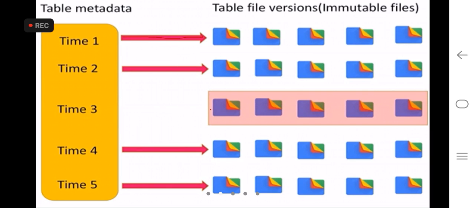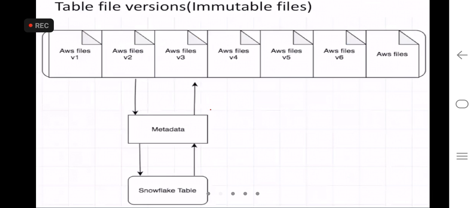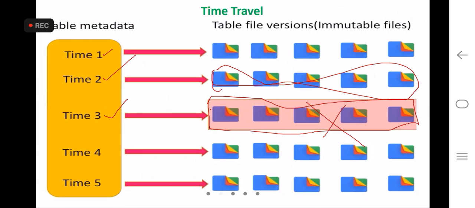Okay. So when you travel back, and you want to get this data, what will happen is it just attaches those metadata pointers to those deleted records so that we are able to view the data.